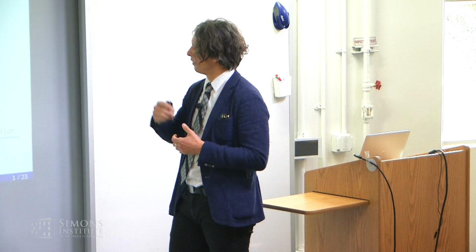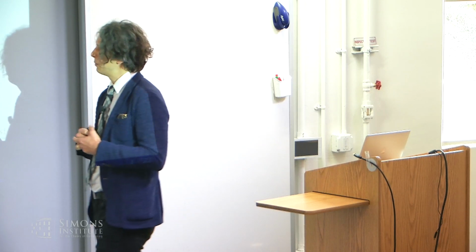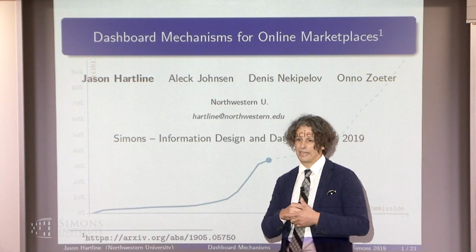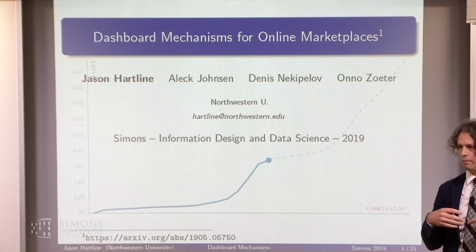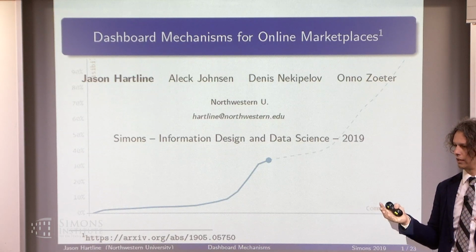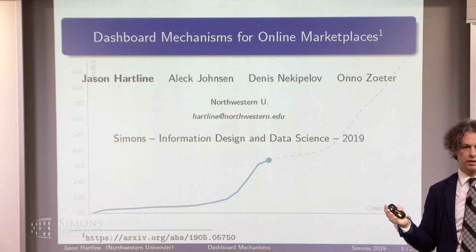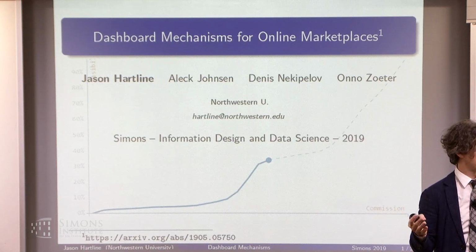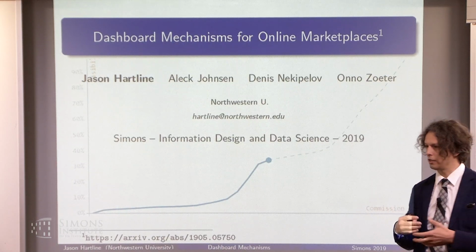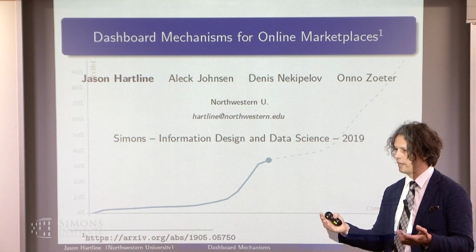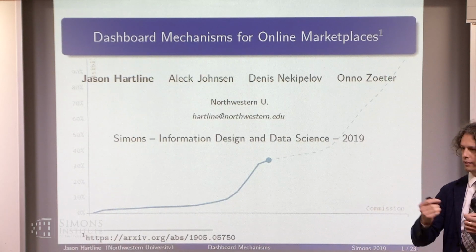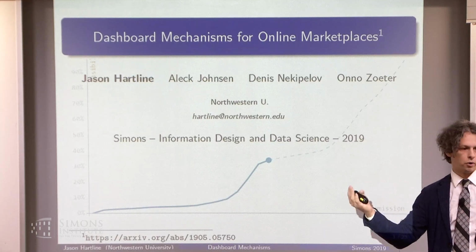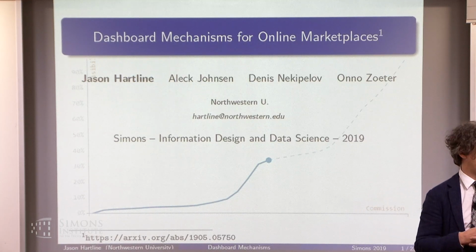Okay, so online marketplaces and dashboard mechanisms. What I mean by that is this idea that the mechanism maybe should be communicating to the agents something about what's going on in the marketplace to help the agents make better decisions. That communication is often a bidding dashboard that the agents have for seeing what happens, maybe counterfactual estimations of what would happen for different strategies they might take in the marketplace.